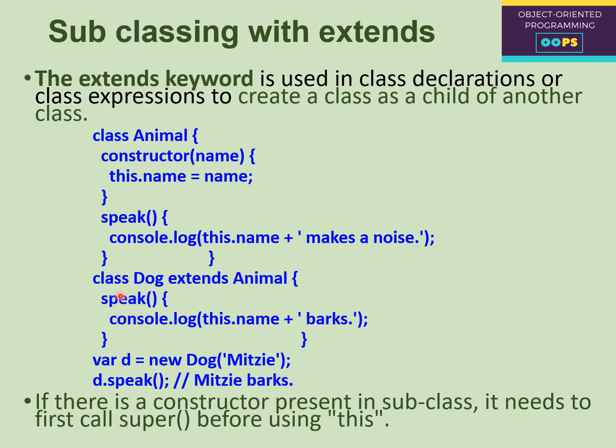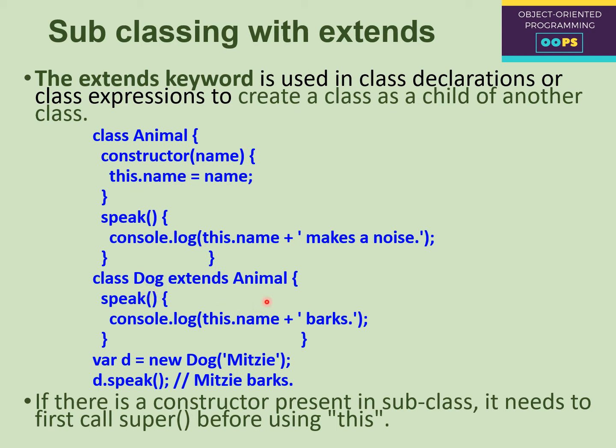Then another class, Dog extends Animal. Class Dog extends Animal means all the properties in Animal are inherited by the Dog class. So whatever is in Animal is also available in the Dog class.